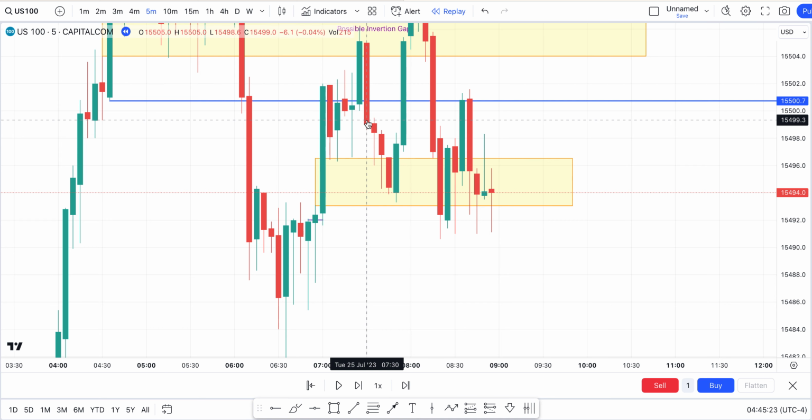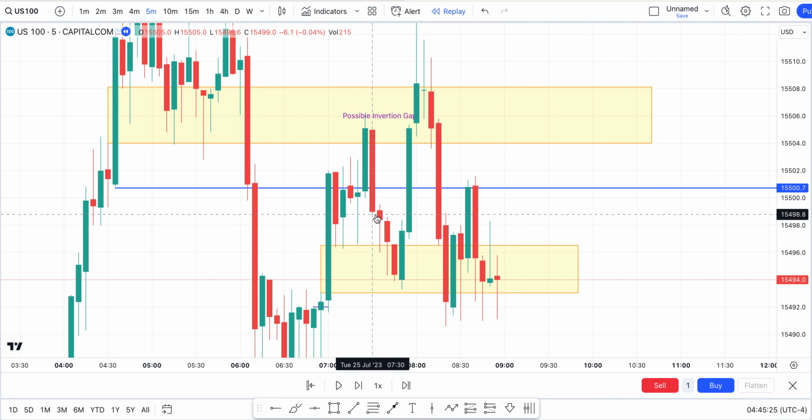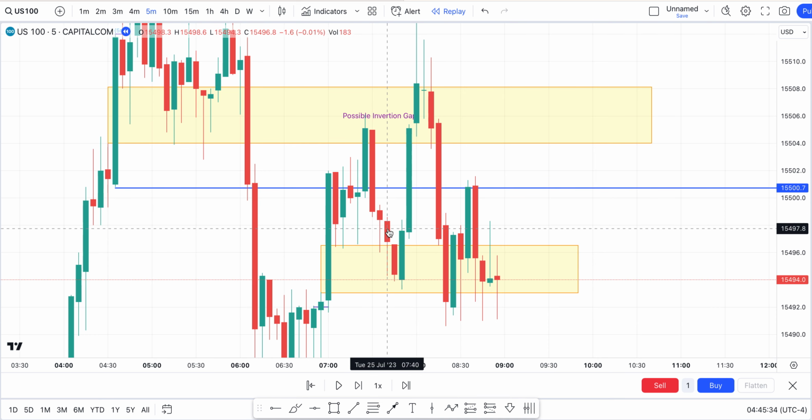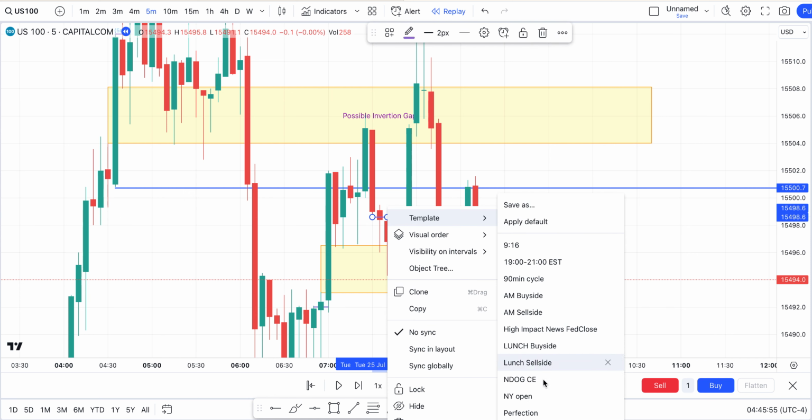Inside here, very small gap. Let me check that price difference. The low of this candle comes in at 15,498.6. You can see it up here. And the high of this candle comes in at 15,498.6. That's perfect. Okay, so that's another one. Perfection.